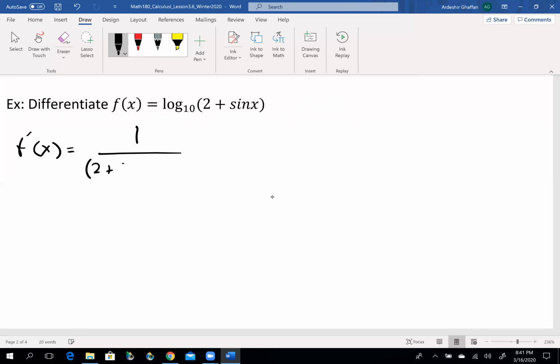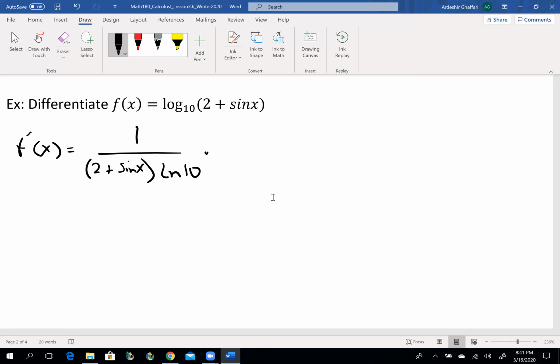times the natural log of the base, our base is 10. So the natural log of 10 times, now I'm going to take a derivative of baby, 2 plus sine of x, so the derivative of 2 is 0.